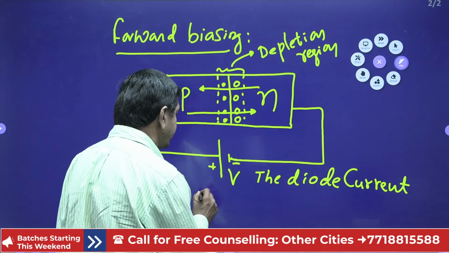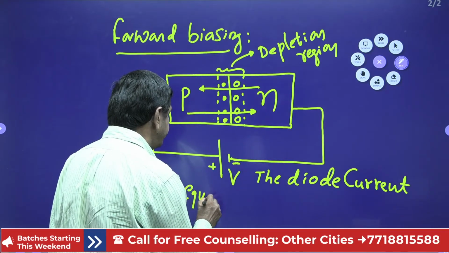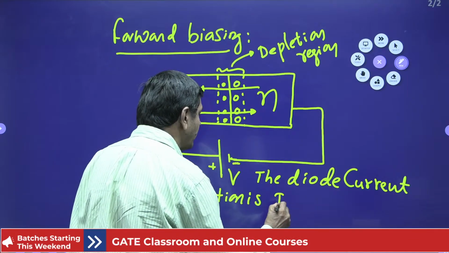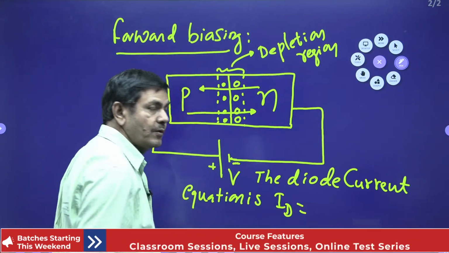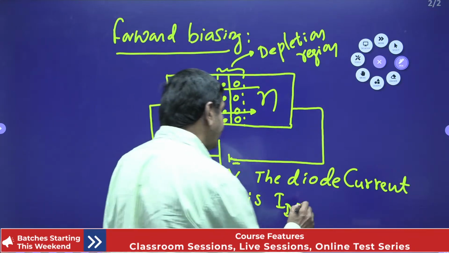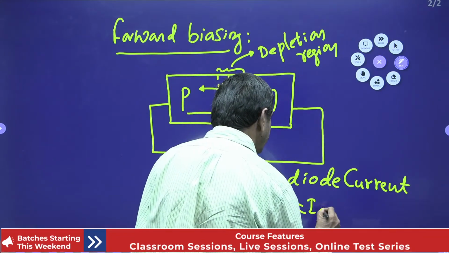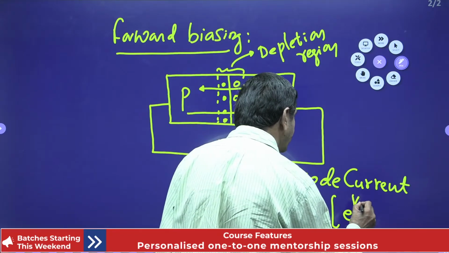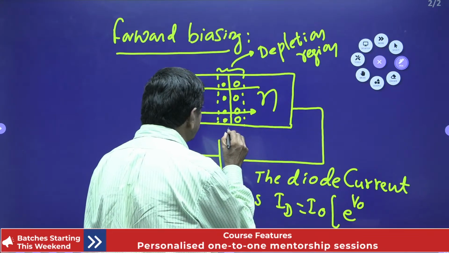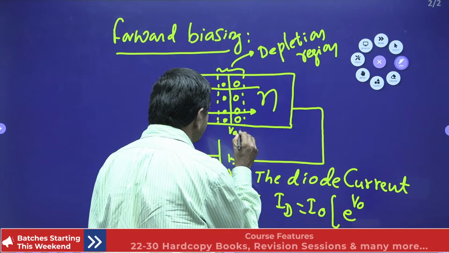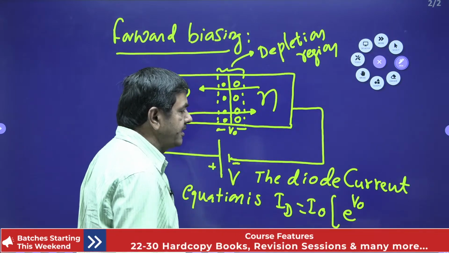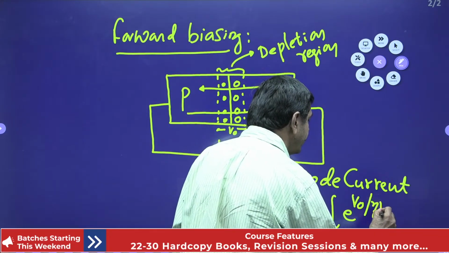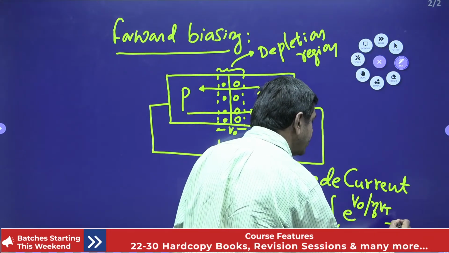The diode current equation is ID equal to I naught into e power V by eta into Vt, minus 1. ID means diode current, and V is the voltage that develops here, the built-in voltage.